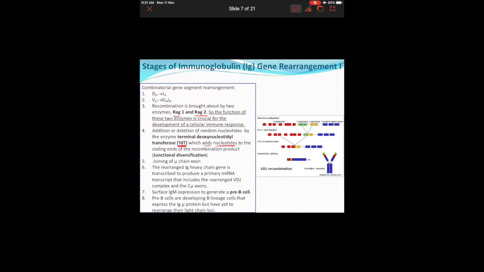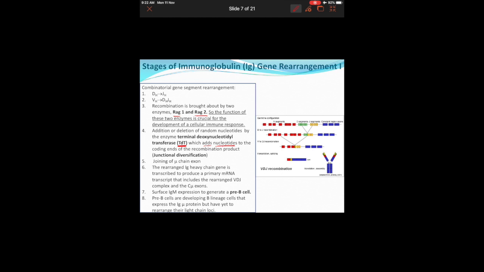Now this nicking isn't precise, so the nicking might occur for 1 or 2 nucleotides. So you get another source of variability in terms of removal of 1 or 2 nucleotides in this event. So this way you're also generating more variability in the final product.